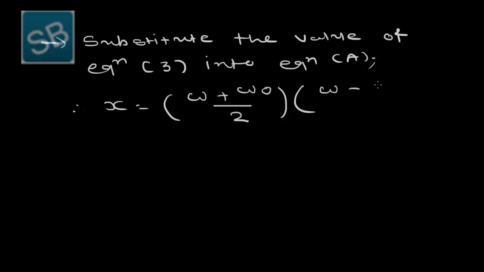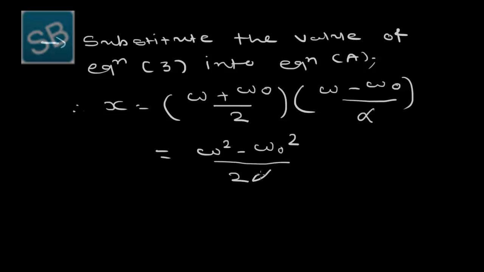Now instead of t I put omega minus omega 0 divided by alpha, and hence the numerator will be omega square minus omega 0 square, over 2 alpha.